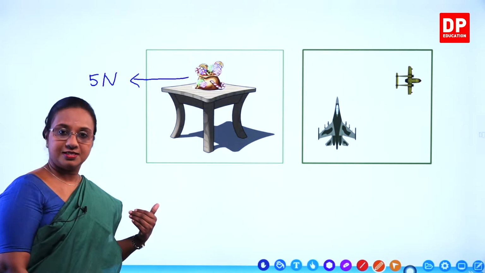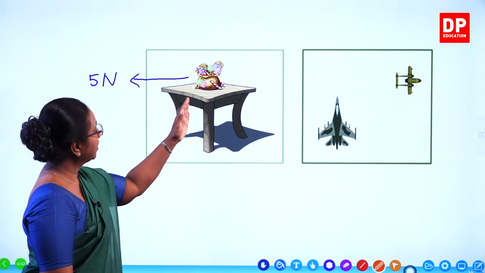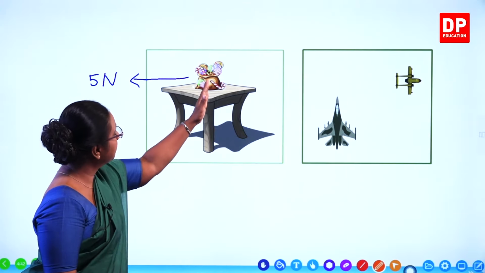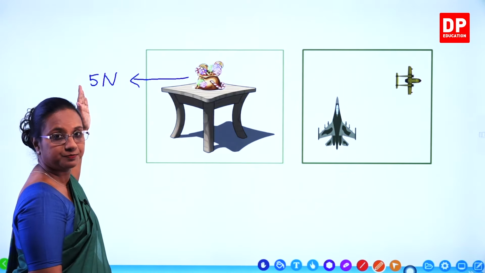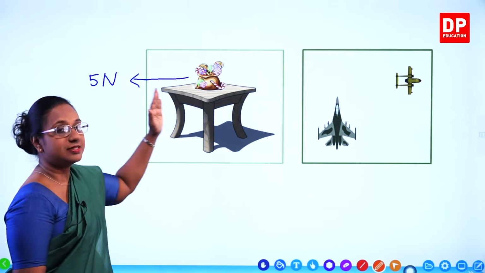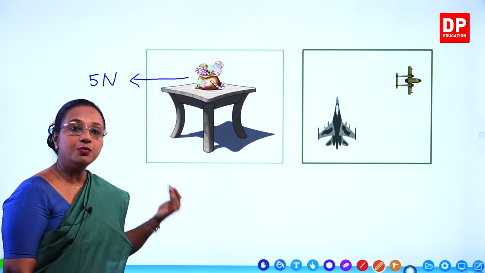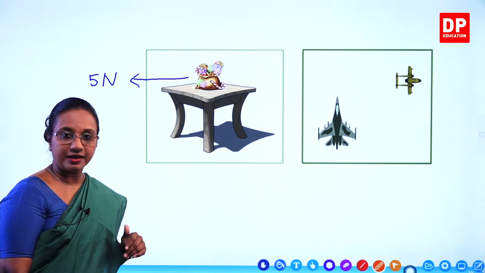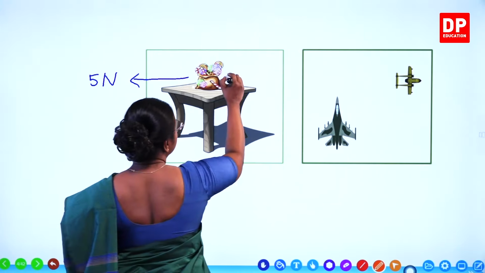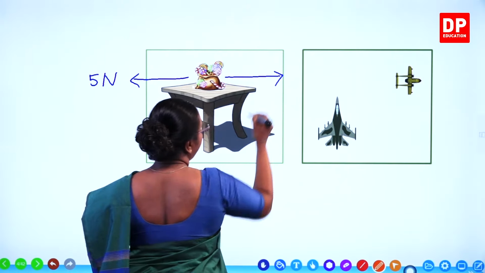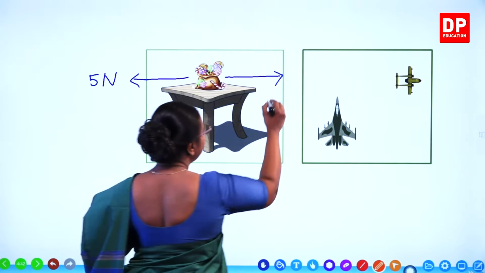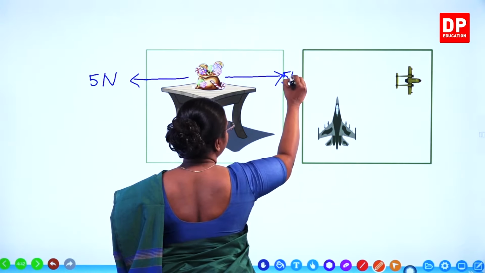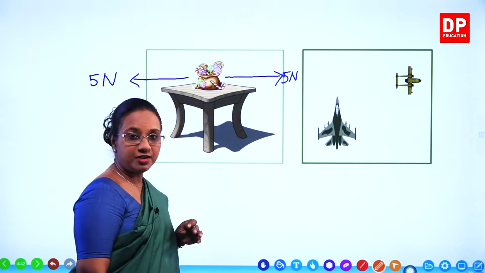After he takes his share, what happens when he pulls it? The bag moves from here towards this direction. Once he has taken his share, you want to take the candy from the bag. So you pull it towards yourself on the other side with the same amount of force, 5 Newton.